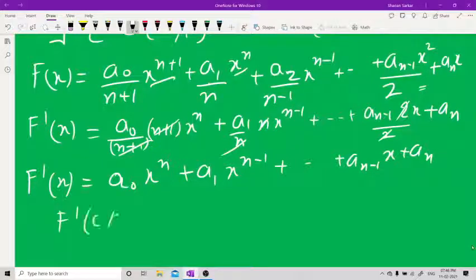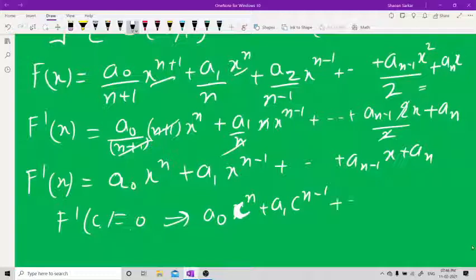Therefore, c is a root of this, because f dash c is 0 implies a0 c to the power of n plus a1 c to the power of n minus 1, and so on, plus a n minus 1 c plus a n is 0.